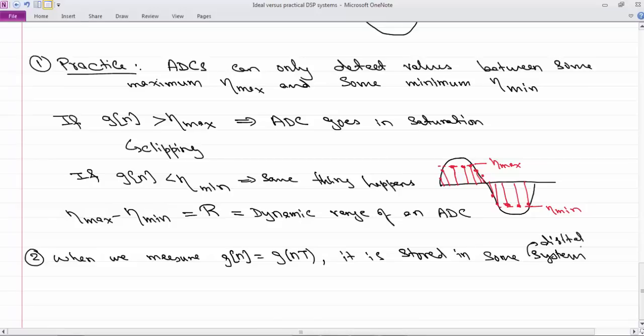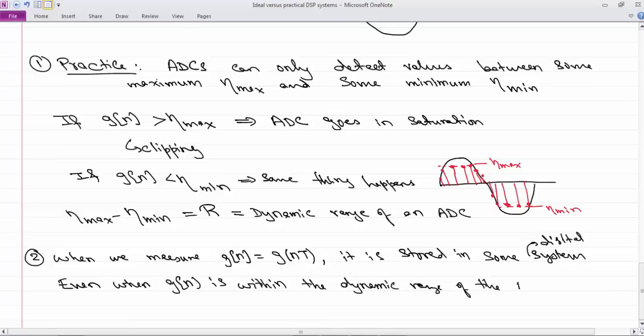So what happens is that even when G of n is within the dynamic range of the ADC, actually what the ADC generates is only an approximation to that Gn. It does not generate the exact Gn.